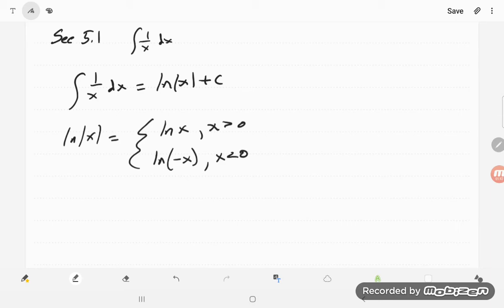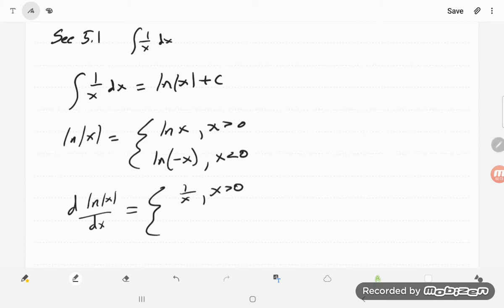Okay, well, so if I take the derivative of this thing, so the derivative of the natural log of the absolute value of x dx, anywhere but 0, well, obviously, I hope obviously, we get 1 over x if x is greater than 0. Now, though, notice, let's look at what we get if it's not.